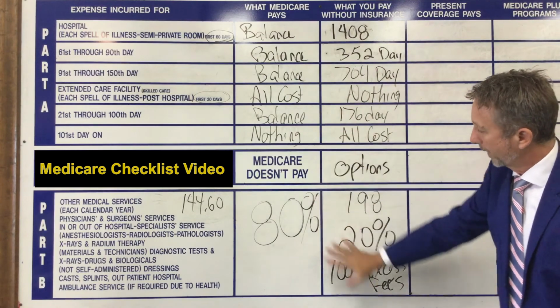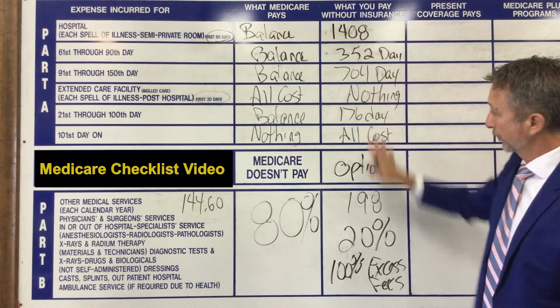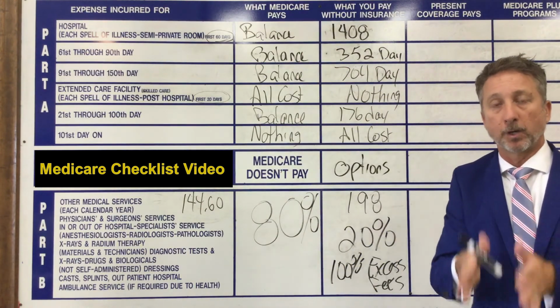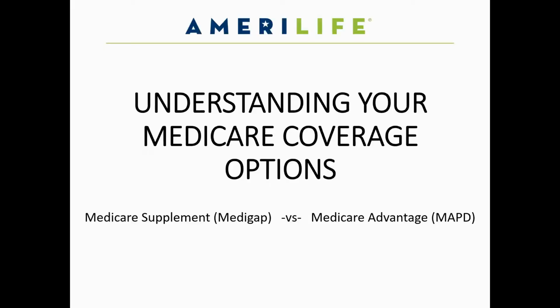If you have not downloaded and or filled in the checklist in the prior two videos, I would highly recommend watching those first and having the checklist in front of you so that you can understand how these two different programs work and which coverage option is going to be best for you when you decide to enroll.